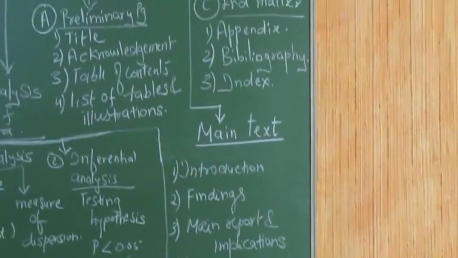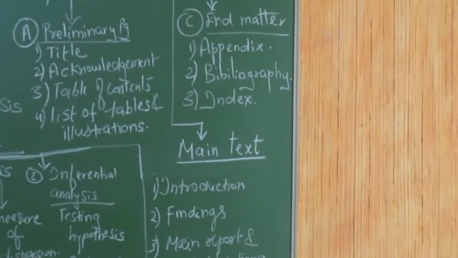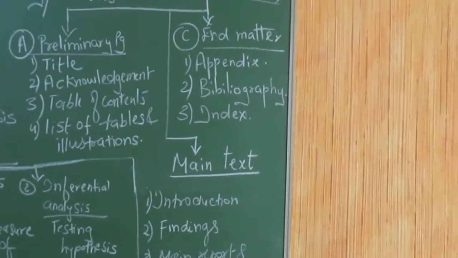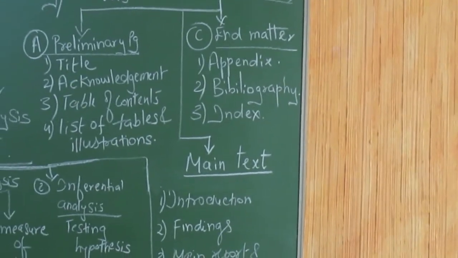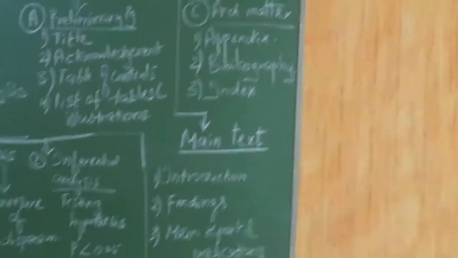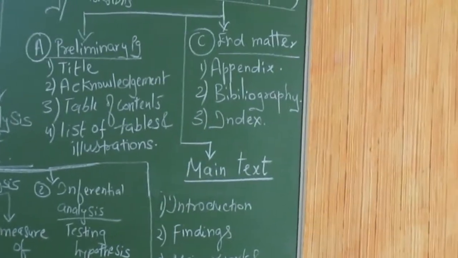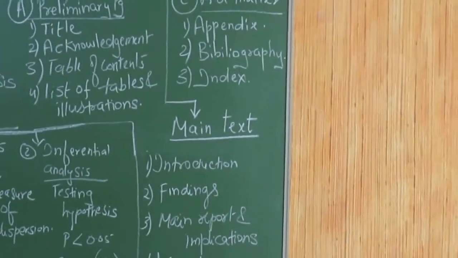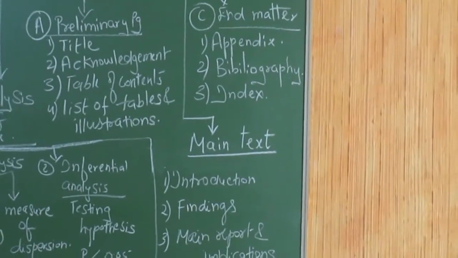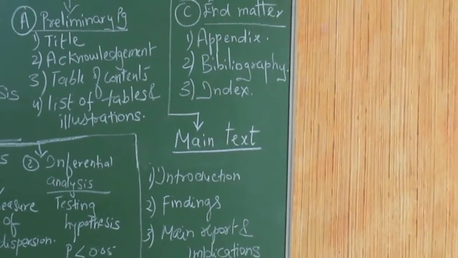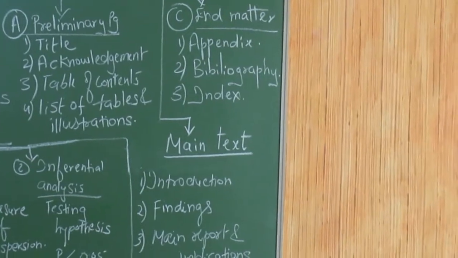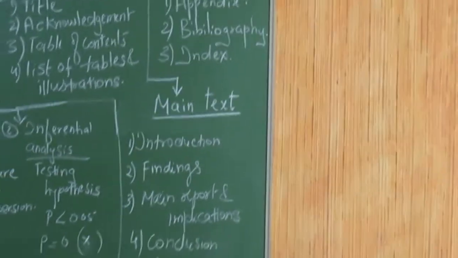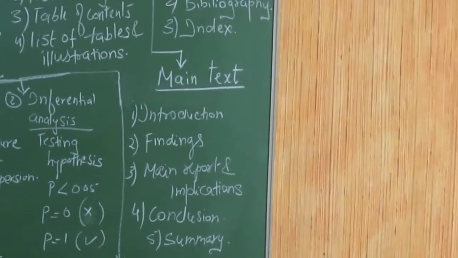That's the main text, and then you go to the end matter of your writing, where you write your appendix. You can put up in your appendix, for example, the questionnaires you have collected. You can put up the format of it, then the bibliography, the sources, in the sense you have collected material from different books, and the index part of it.